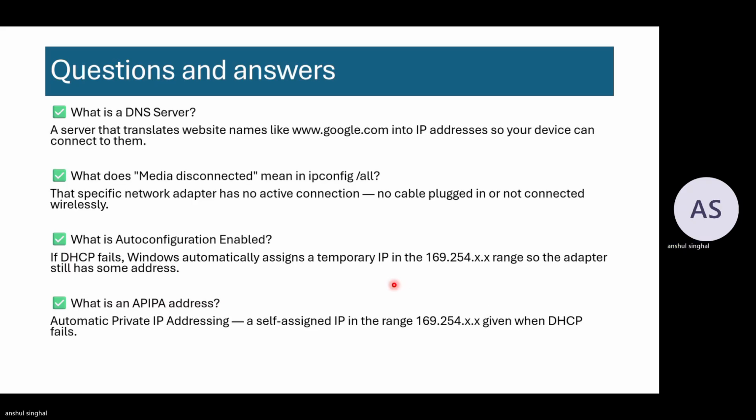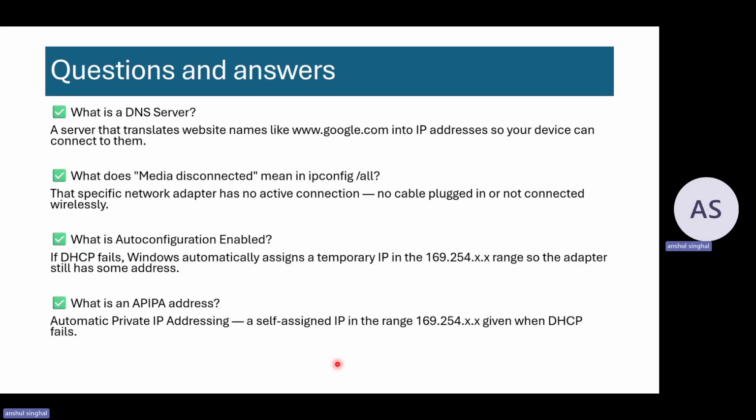Okay. So the next one is, what is an APIPA address? APIPA stands for Automatic Private IP Addressing. It's a self-assigned IP address in the range of 169.254.x.x given when DHCP fails. This auto configuration property is associated with the APIPA address.